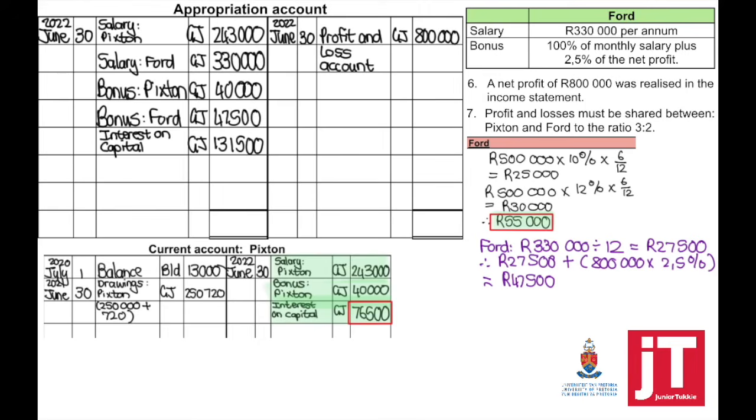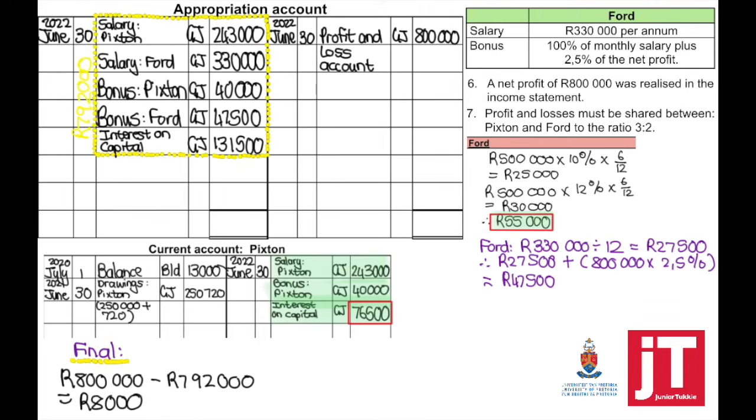This is what we're going to distribute. Net profit minus the primary distributions of profits equals the remaining, which should be distributed in a ratio 3:2. This will be closed off to their current account.